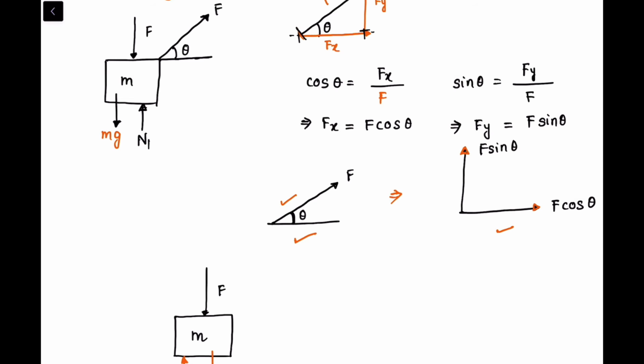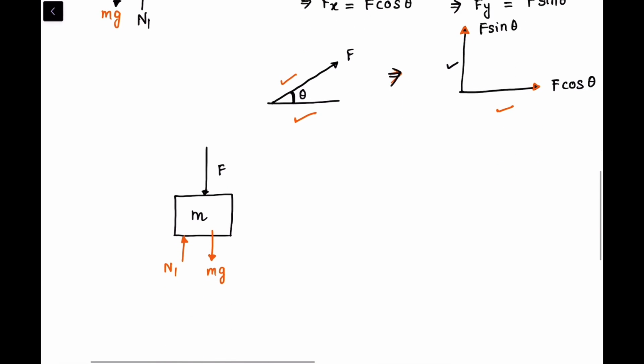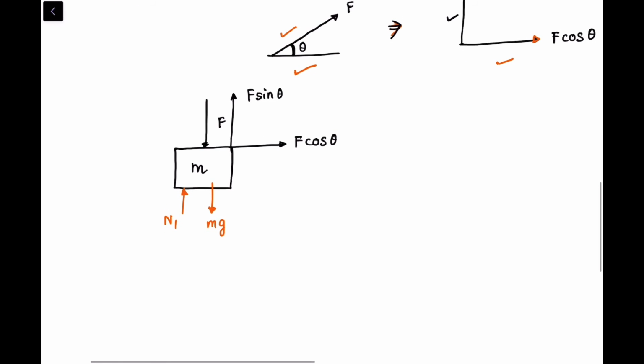This force can be resolved into these components. So I can write this as F cos theta in this direction and F sin theta in this direction. This will be the simplified free force diagram of mass m.